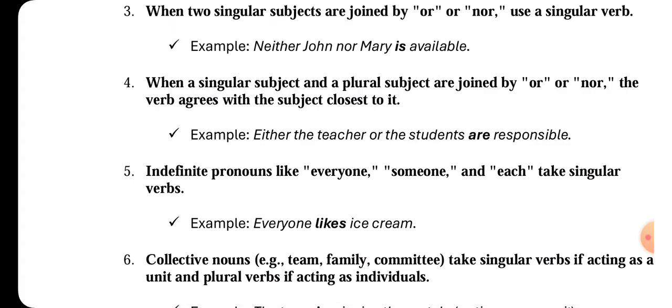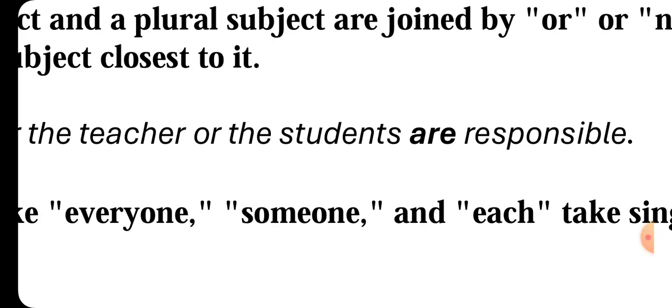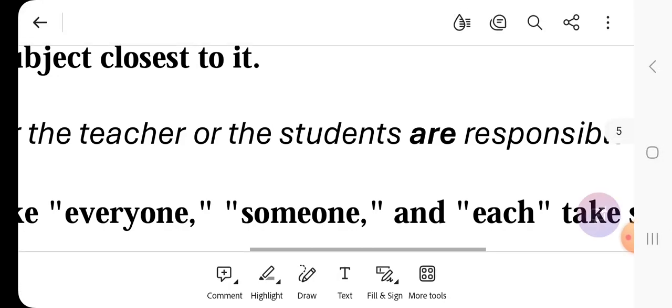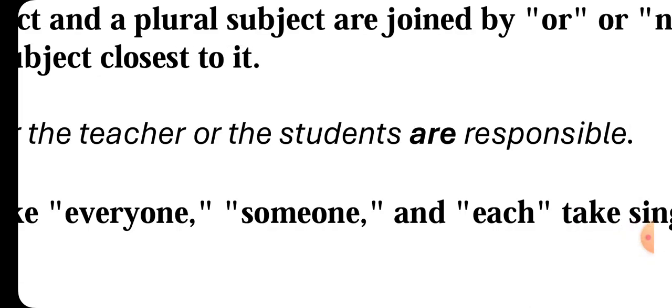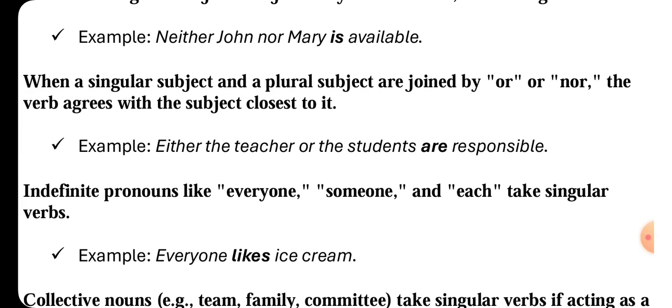So let's look at an example. Either the teacher or the students. You see that the word closest to the verb is students, which is plural, so use a plural verb. You say either the teacher or the students are responsible, because of the word students.